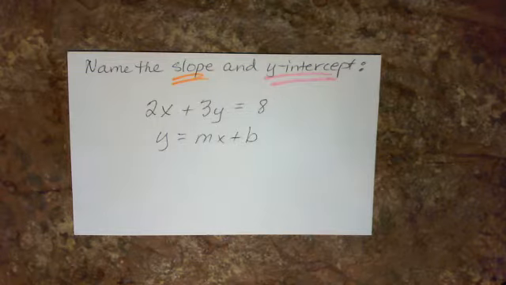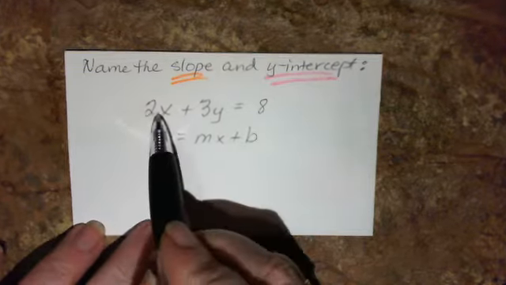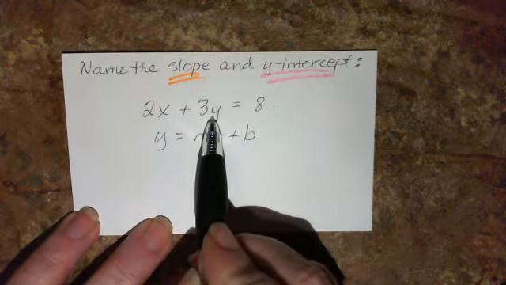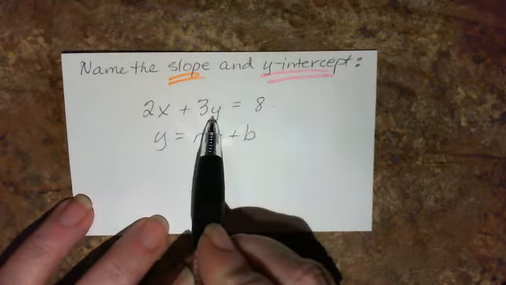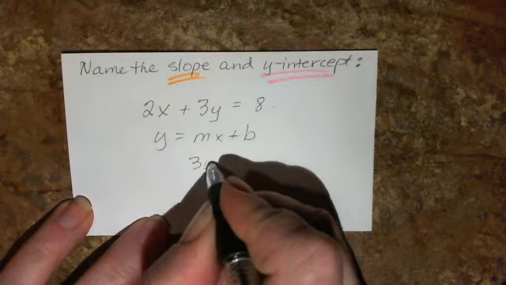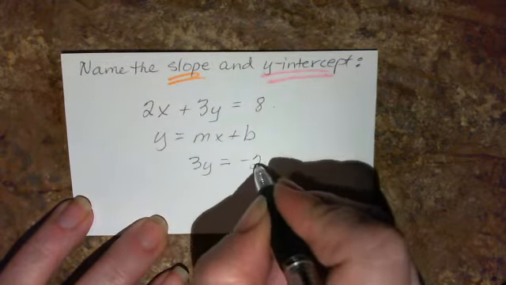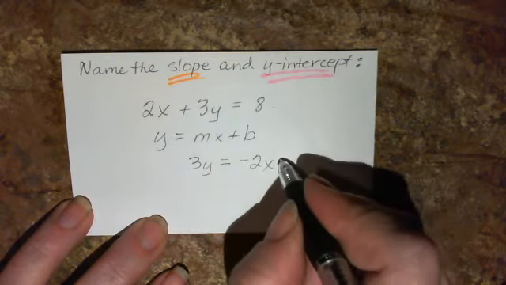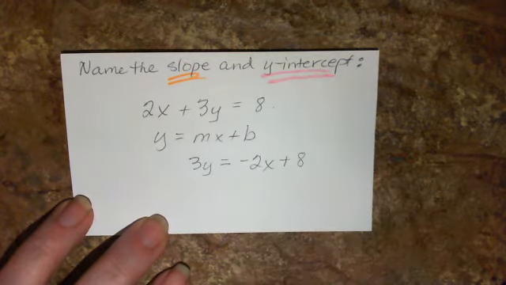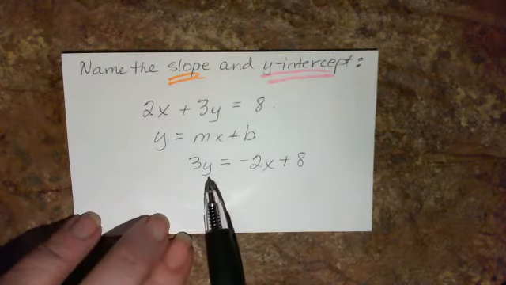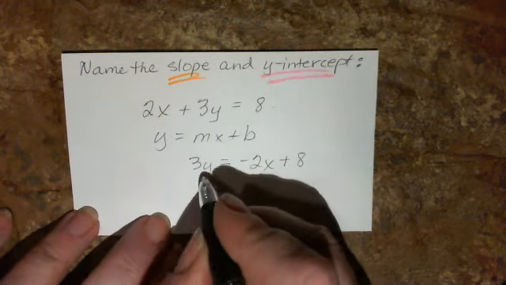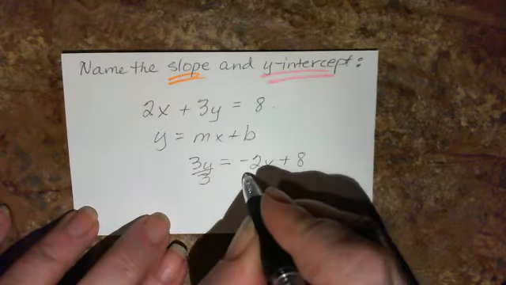One thing we could do is subtract 2x from both sides. That begins to isolate the y term. So that would be 3y is equal to -2x plus the 8 that's already here. Pretty good, but we still need to isolate y, and that would take division by 3.